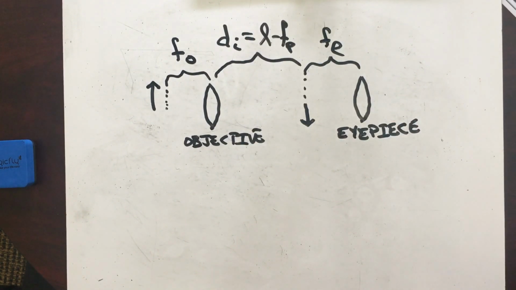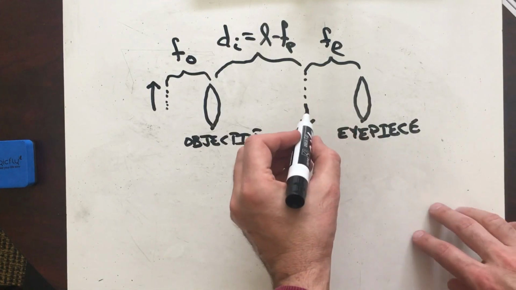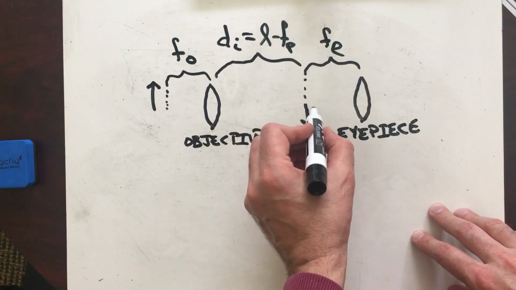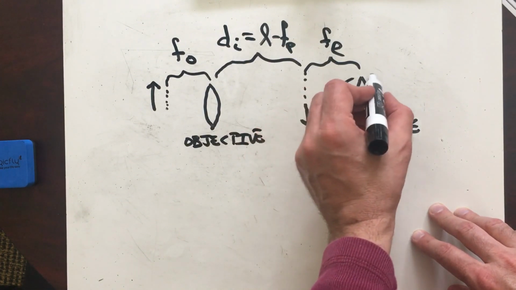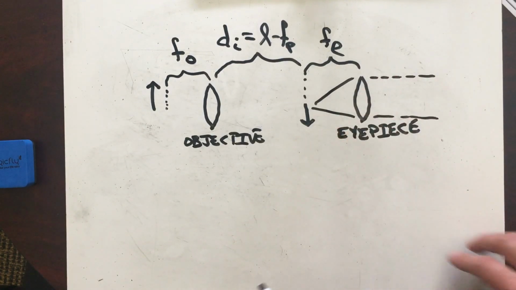And of course, for the microscope, just like with the telescope, we are using the relaxed eye, so the light rays that come from this arrow are coming out parallel to each other, and so the image is formed an infinite distance away. We're using the relaxed eye.